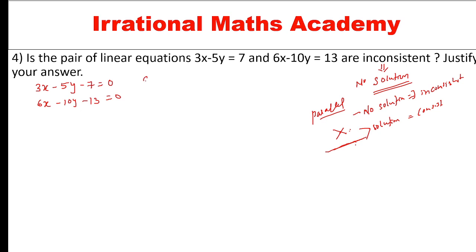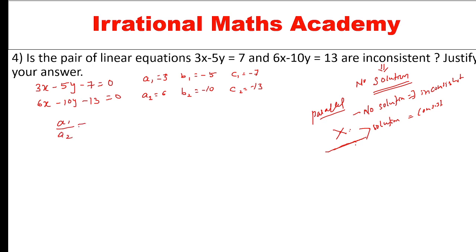From this, A1 value equal to 3, B1 value equal to minus 5, and C1 value equal to minus 7. A2 value equal to 6, B2 value equal to minus 10, C2 value equal to minus 13.